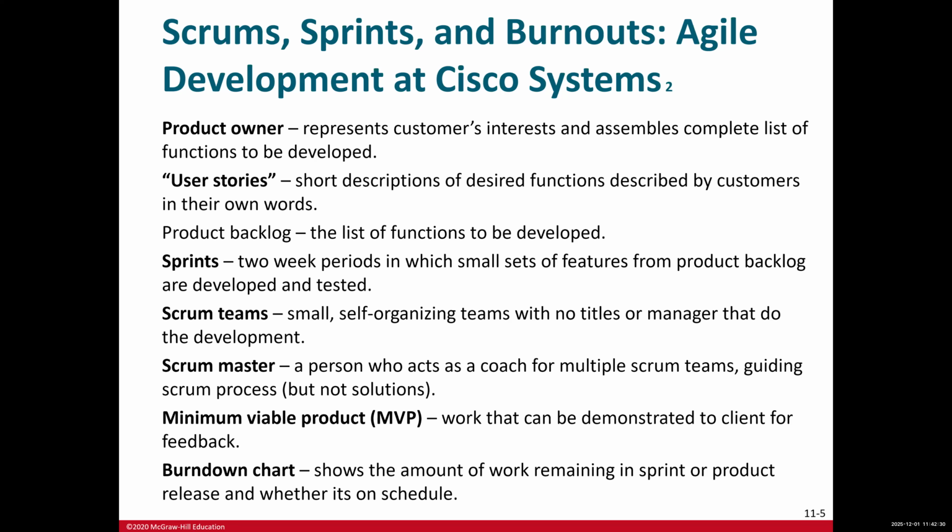So they always attend all of the meetings that we have. They create and prioritize the product backlog. This is something that we have in the Scrum framework, the product backlog, which is essentially a list of features and all the functions that need to be developed in our project.